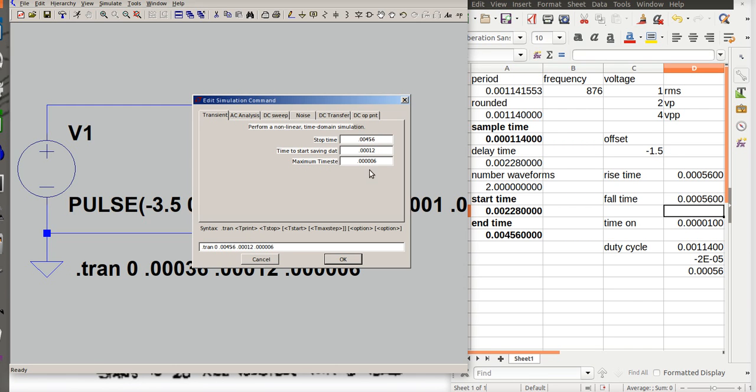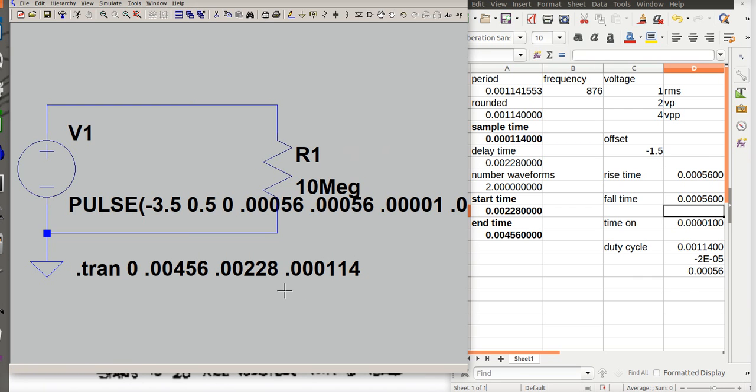My time to start saving data is 00228. And my sample time is 1/10, or 3 zeros, 114. So that will be my sample time.